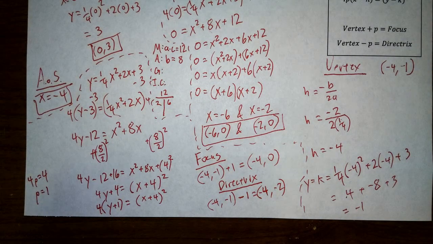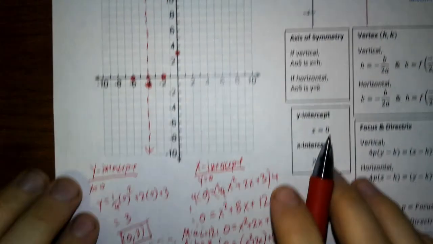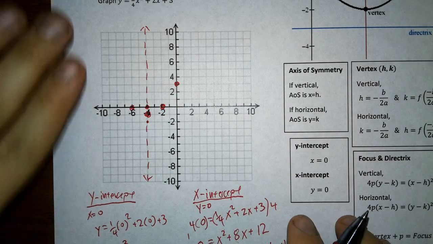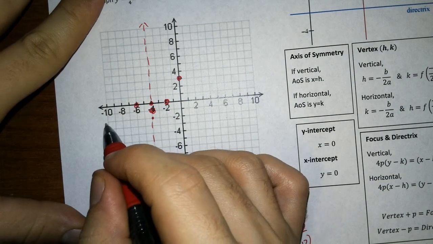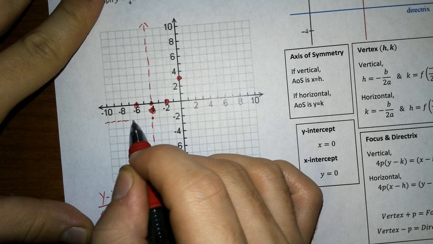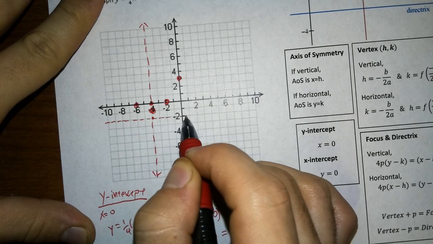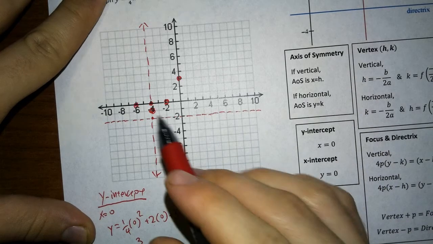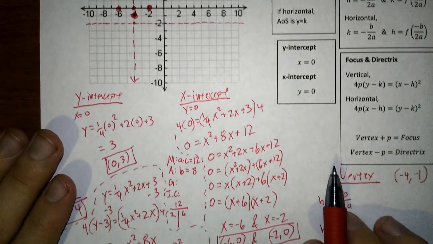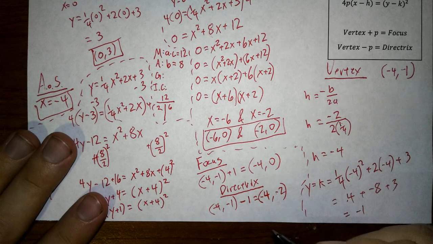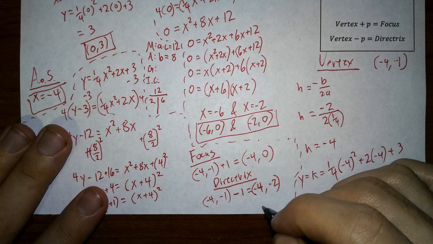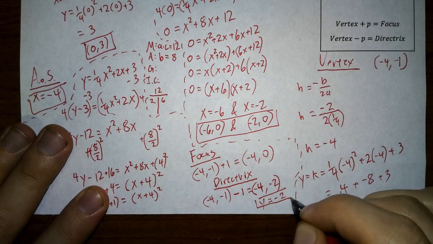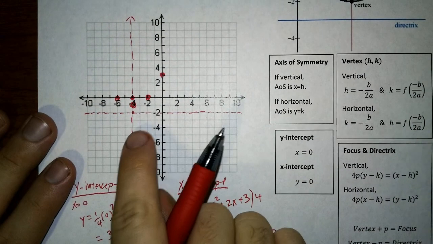And remember, our directrix isn't going to be just a point, though we can start off by plotting this point. Our directrix is going to be all the points on a line below our parabola. You can actually think of our directrix intersecting at that point with our axis of symmetry. So our directrix is going to be the equation y equals -2. All the points where y is equal to -2, and we see that right there.